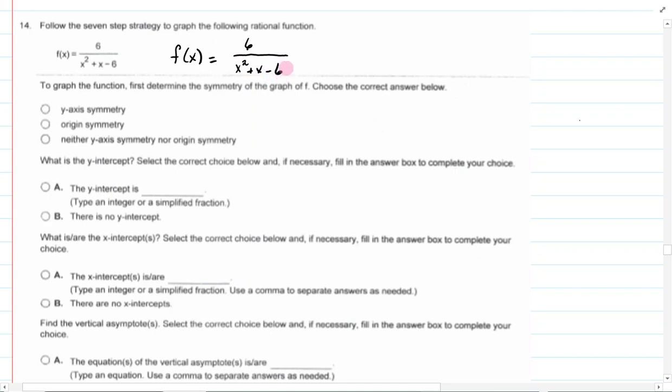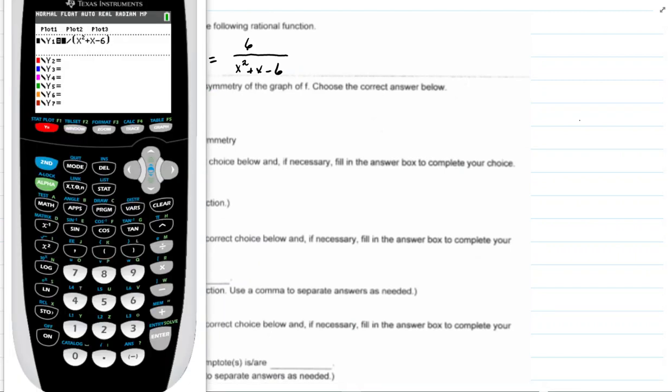As I go through these questions, I will talk about how to handle each one of them. The first one says, to graph the function, determine the symmetry. Well, I'm actually going to do that a little bit backwards. I'm going to go off to my grapher, and I'm going to type into y1, 6 divided by, open parentheses, x squared plus x minus 6.